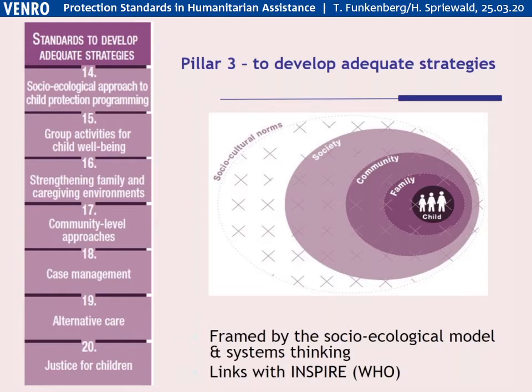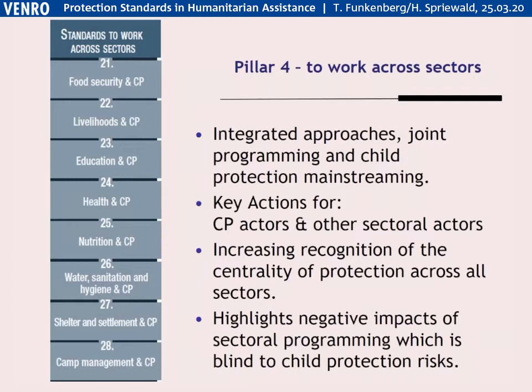I will give an example later when I talk about a project, so I will come back to some of these standards. In Pillar 4, we have the child protection standards to work across sectors, meaning we have to have an inclusive approach, because child protection risks are closely linked with the work of other sectors, like they are listed here on the left side.